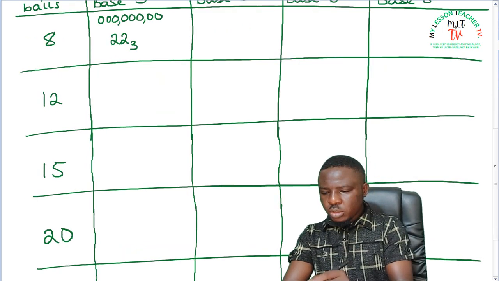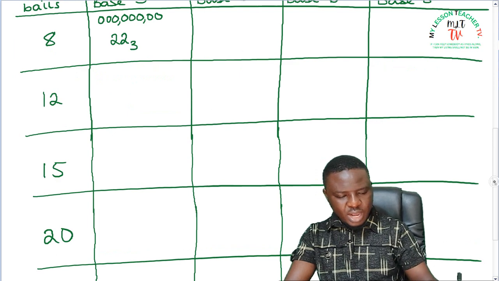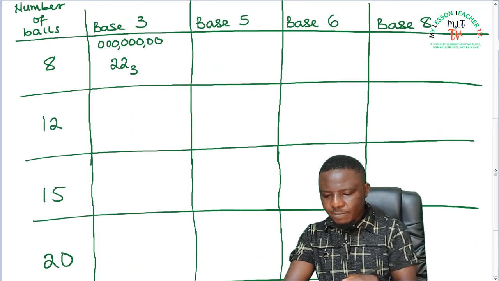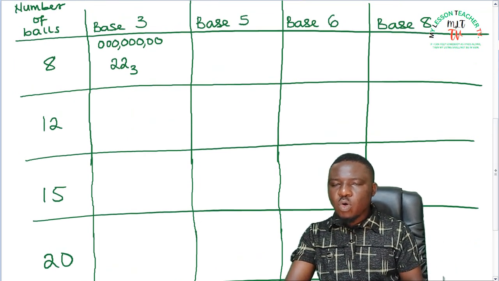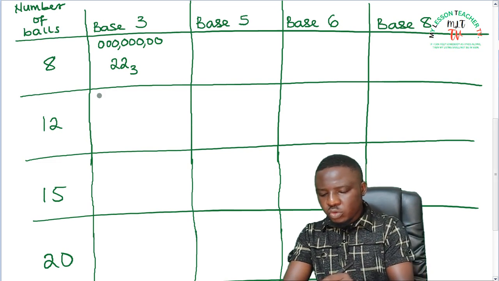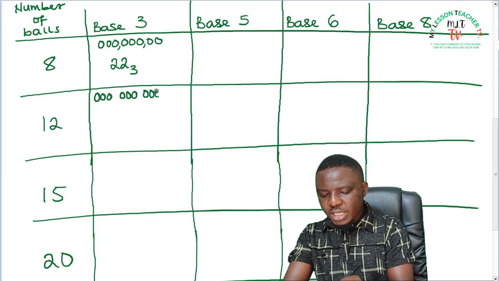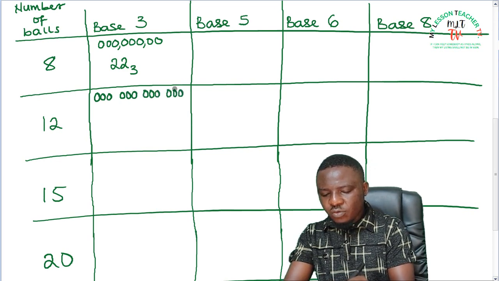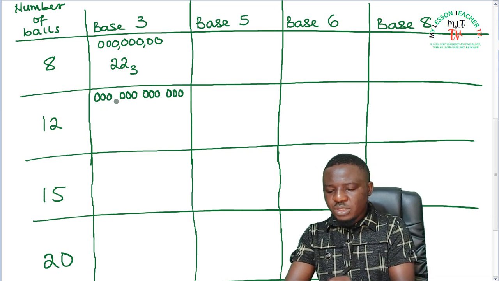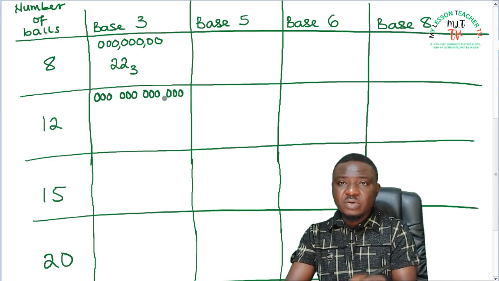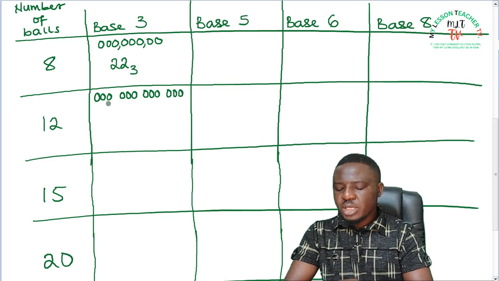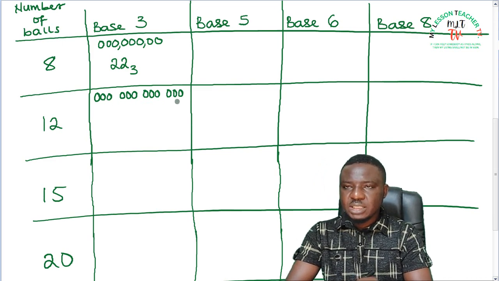What about 12? 12 in base 3, we're asked to write it in terms of base 3. So divide 12 balls into 3. So you have 1, 2, 3, 4, 5, 6, 7, 8, 9, 10, 11, 12. Now, it means that we have 4 sets of 3s, remainder 0. So when you group in terms of 3s, you are going to have it in this form.